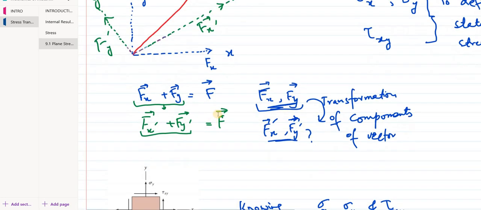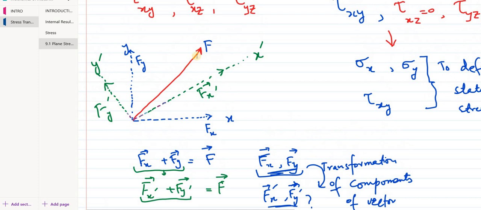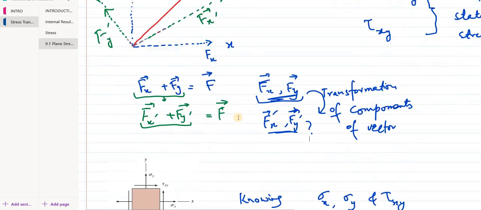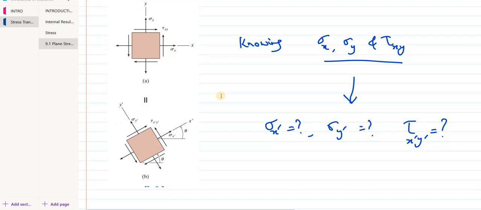Keep in mind that just as in case of force, you have still the same force whether you represent it in xy system or in x prime, y prime system. The original state of the vector is the same. So we have one state of stress, and we could represent it in xy system or in x prime, y prime system. This is not a new state of stress.